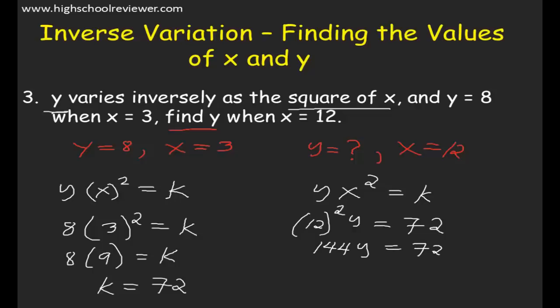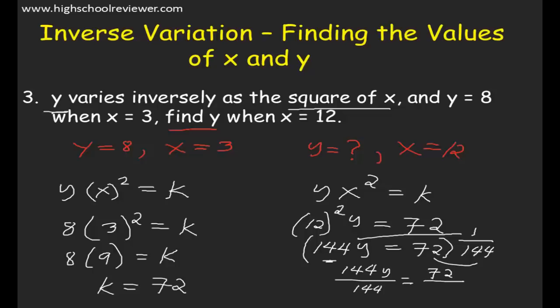So to find for y, we need to cancel out 144. Just divide both sides of the equation by 144. So we have here 144y all over 144 equals 72 all over 144.